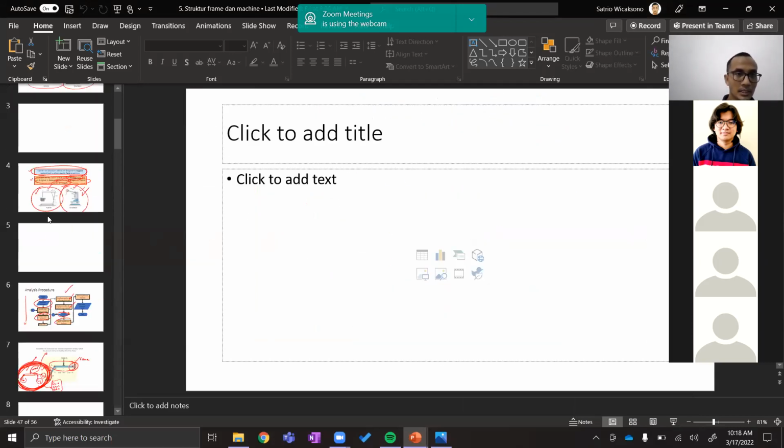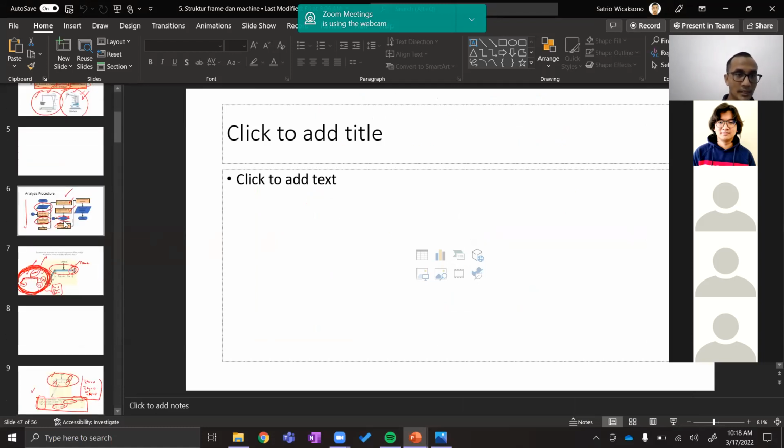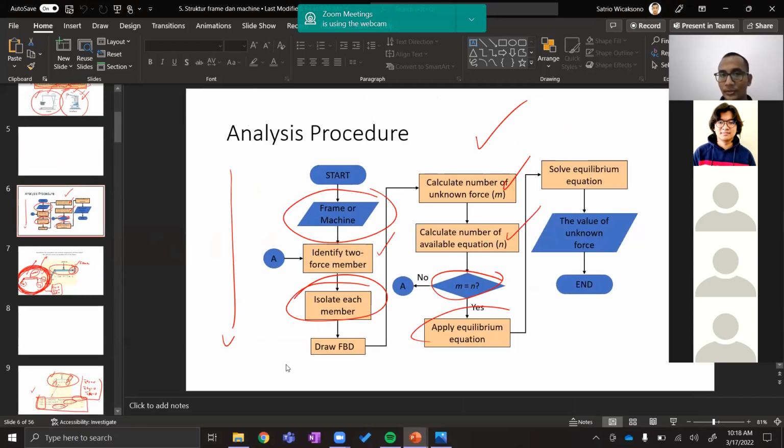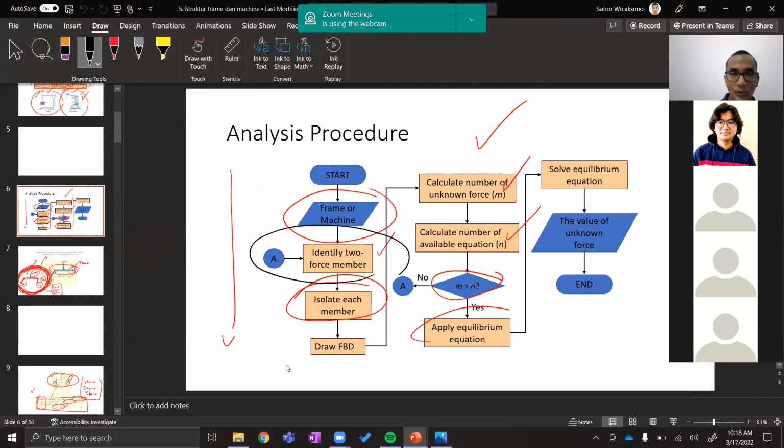You can see here, from the beginning, I already told you guys that in order to solve for a frame, the first thing you're supposed to do is identify the two-force member. Correct, Randy? You won't be able to solve it if that system has a two-force member but you cannot identify it.